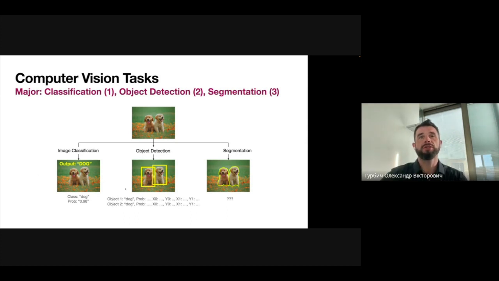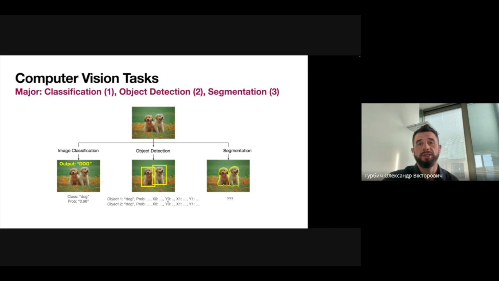Object detection gives us more information. It gives us first the class. It says, hey, there is a dog. Also, it says that there are two objects in this image. It gives us the probability of each object being in the image, but also it gives us the coordinates of the object. More specifically, not the coordinates of the object itself, but rather a bounding box drawn around each of the objects.